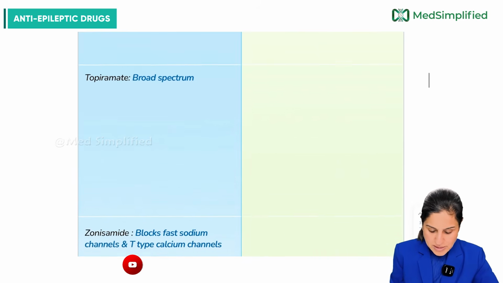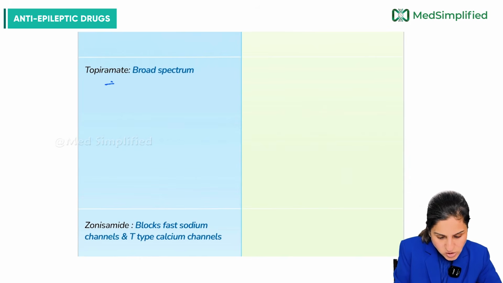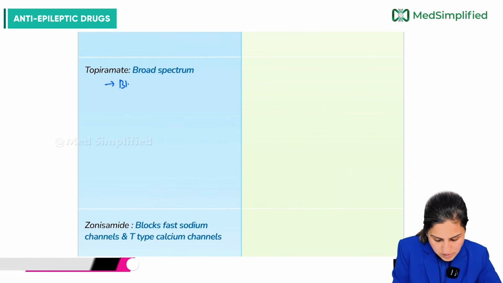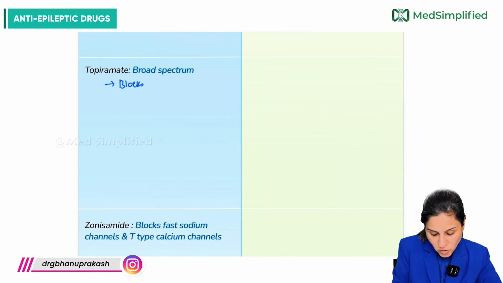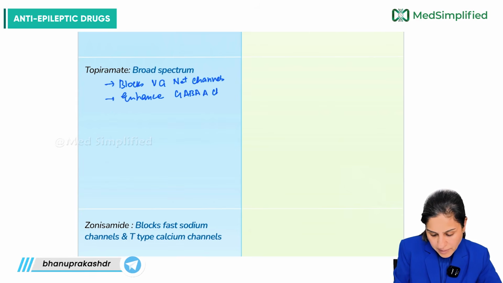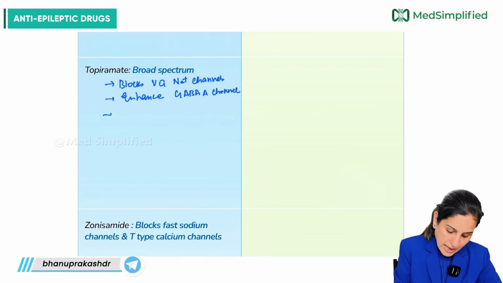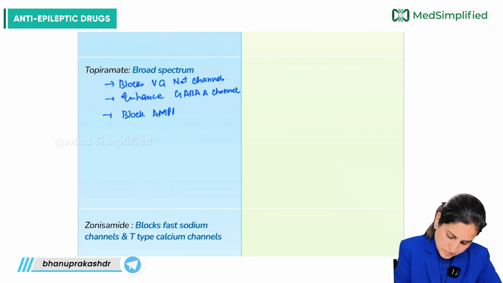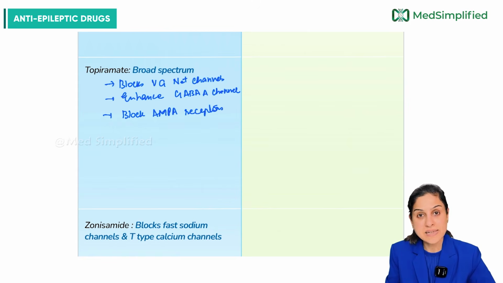Topiramate, another broad spectrum drug. This topiramate blocks the voltage gated sodium channels, it will enhance the GABA A activity, and it will block the AMPA receptors as well.